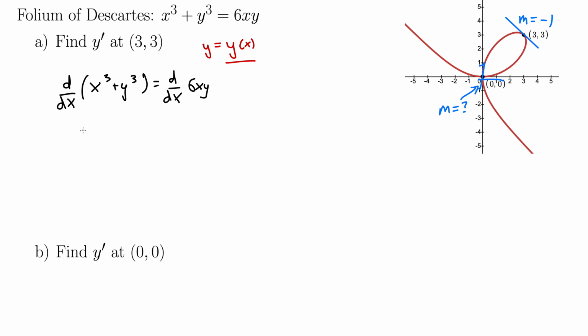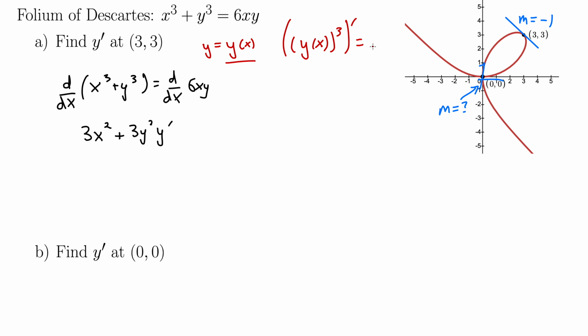Okay, let's do it. So we have 3x squared plus 3y squared y prime. Just in case there's any confusion about where this y prime came from, we had essentially y of x cubed, prime.